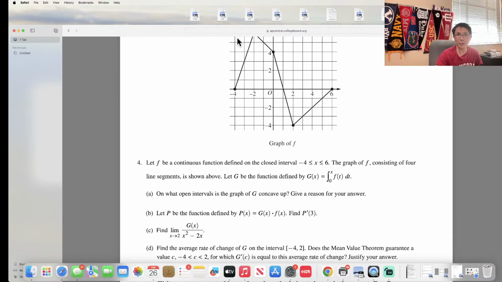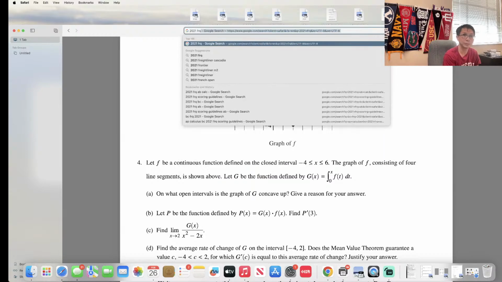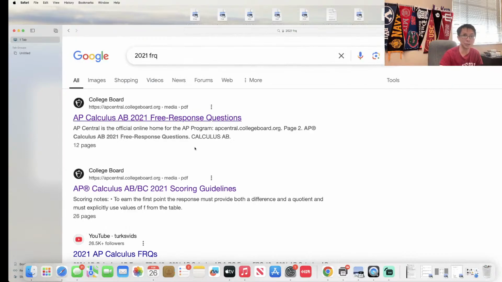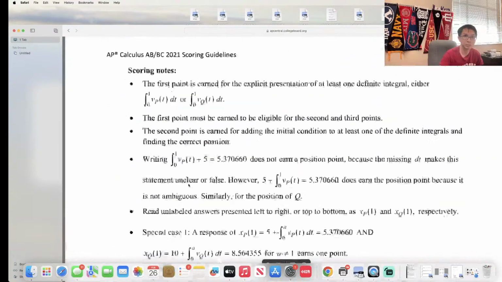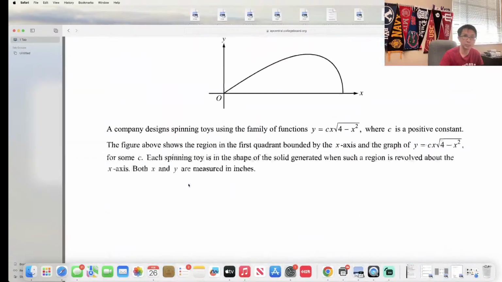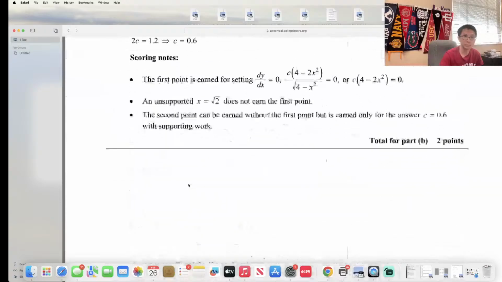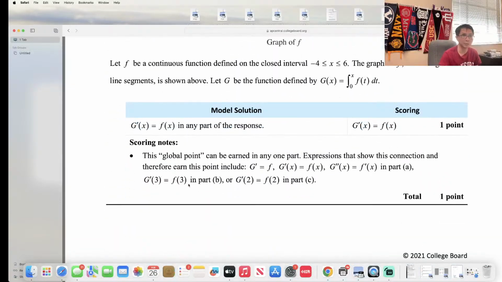Now I'm gonna show you the solution, and then you can look at your solution, see if it's right. So this is a solution for the first one.